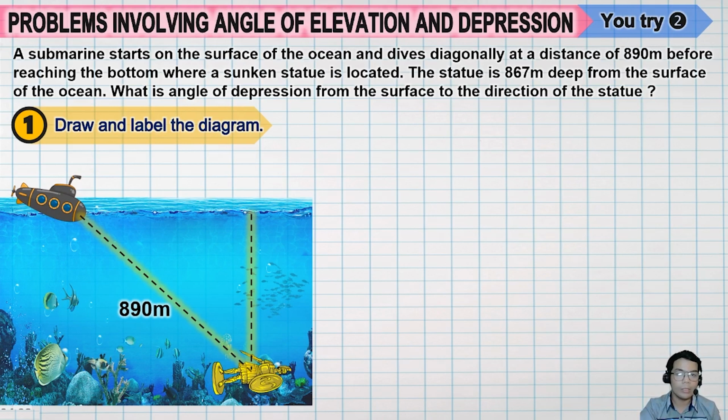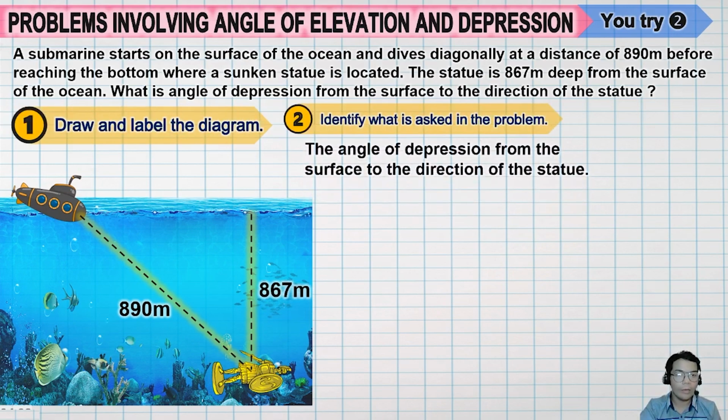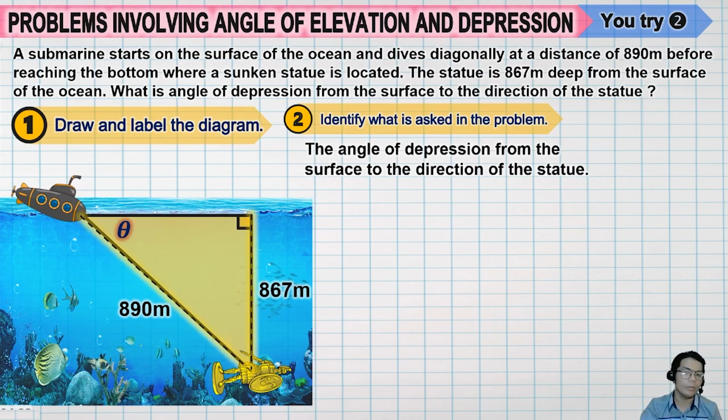So the statue is 867 meters deep from the surface of the ocean. Now, if you are to identify the angle of depression, yan, that's gonna be the angle from the surface of the ocean going to the diagonal distance of the statue or diagonal direction of the statue. So, ano yung magiging solution natin dito?